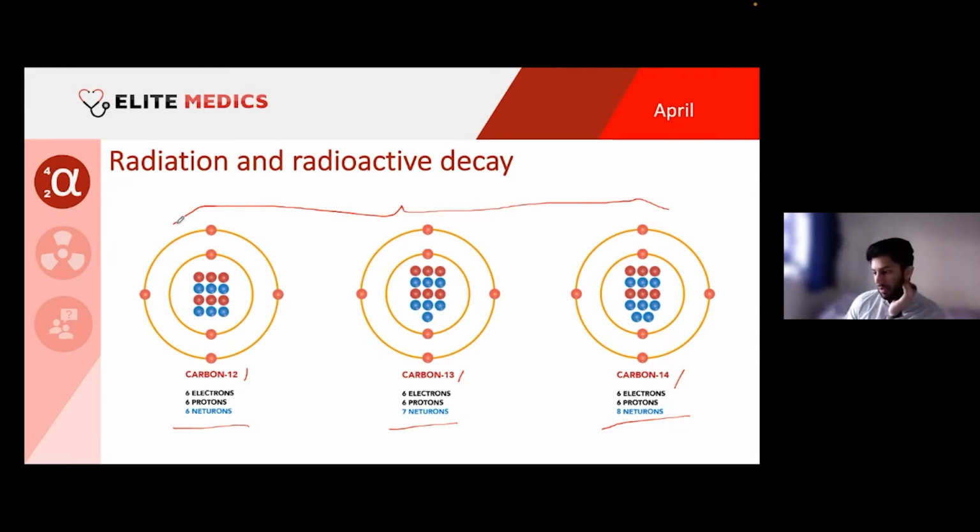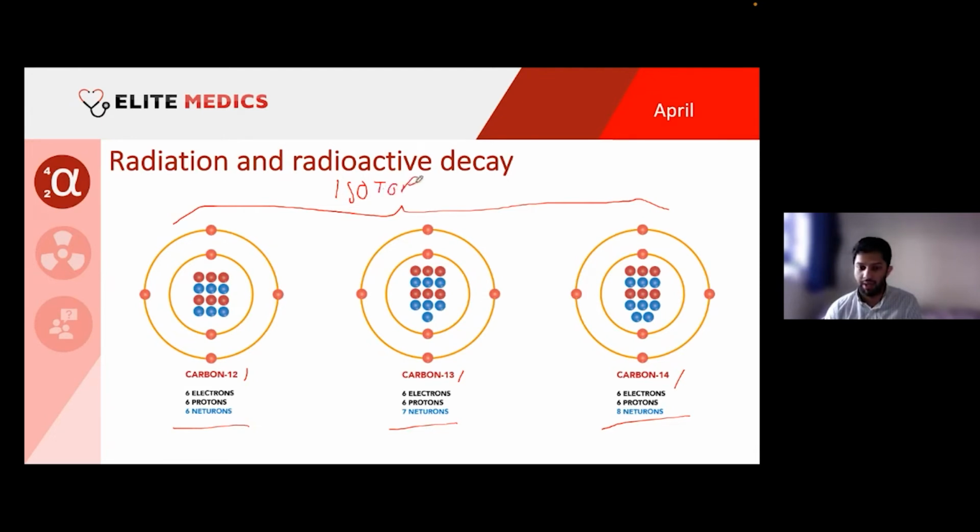Anybody know? Have a little think to yourself, maybe write it out if you are confident, because you want to make sure that you get the spelling right of these words as well. So I'll always encourage you to write anything out that you would be shouting out in a class. Okay, so these would all be called isotopes.